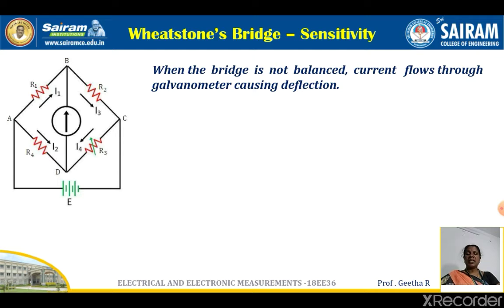Whenever there is a change in the input, you are measuring the resistance R4. Suppose the R4 value is changed; accordingly there is a change in the output.